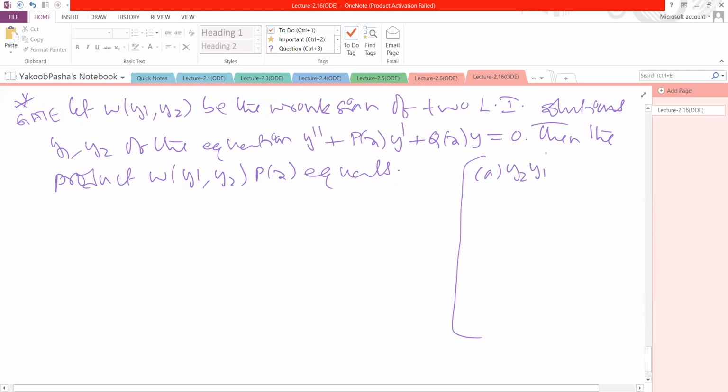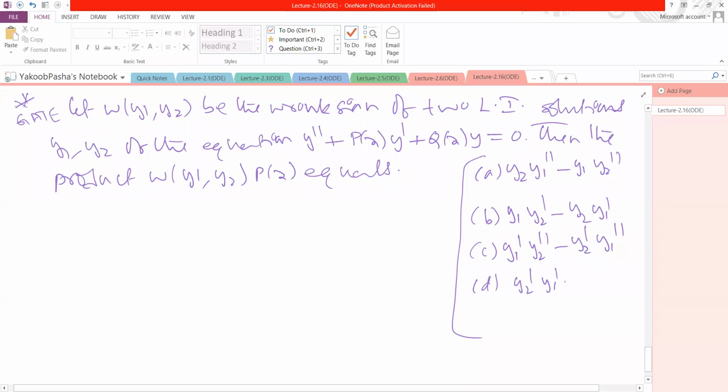Option A is y2 y1 double dash minus y1 y2 double dash, and the B option is y1 y2 dash and y2 y1 dash, and the C option is y1 dash y2 double dash minus y2 dash y1 double dash, and the D option is y2 dash y1 dash minus y1 double dash y2 double dash.